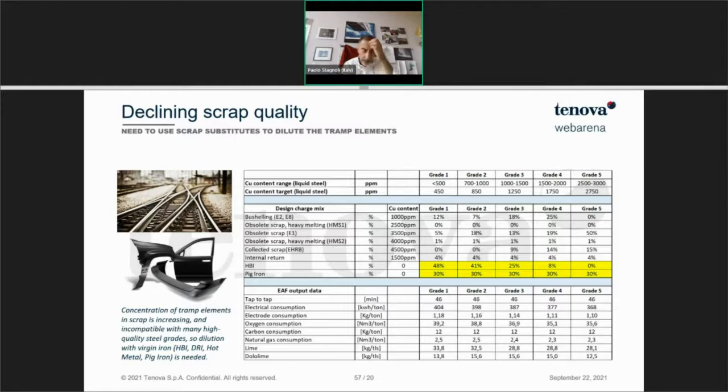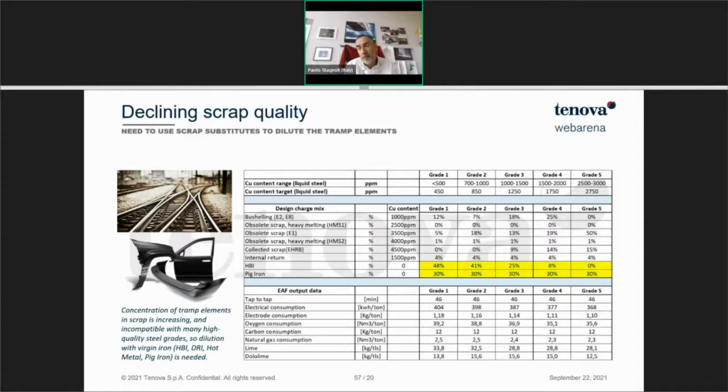The quality of the scrap is declining, meaning that as the scrap is recycled and recycled, the quantity of copper that gets trapped in the scrap increases. These are the concentrations of copper that we are seeing in commonly available scrap grades.